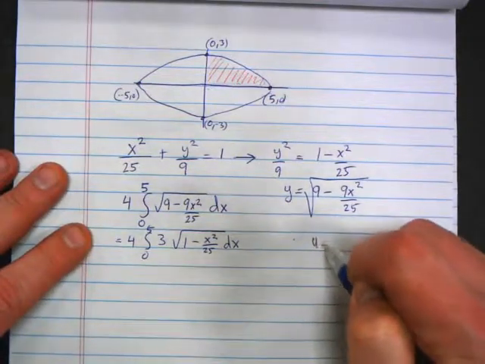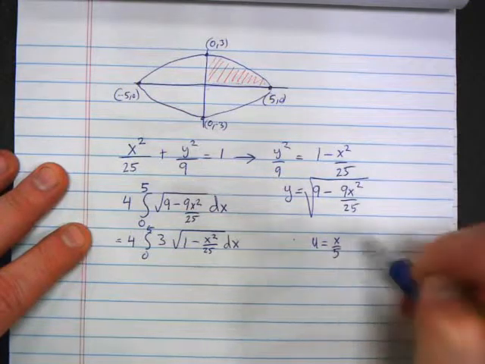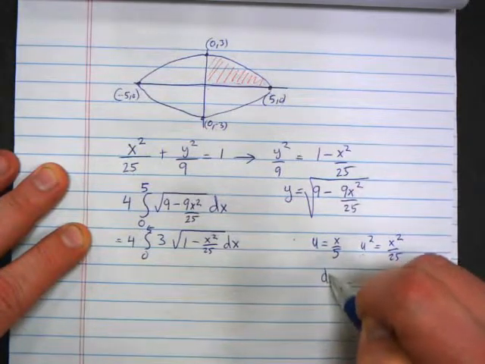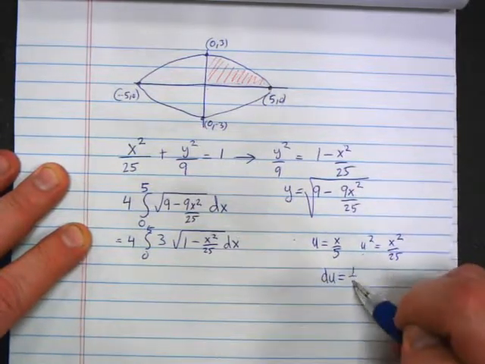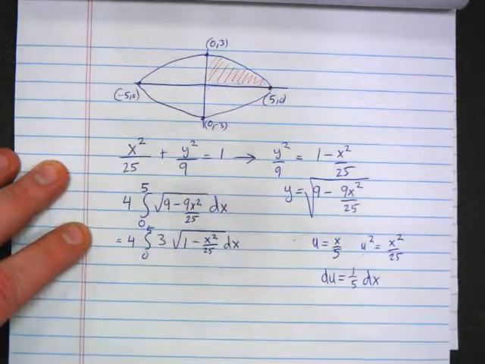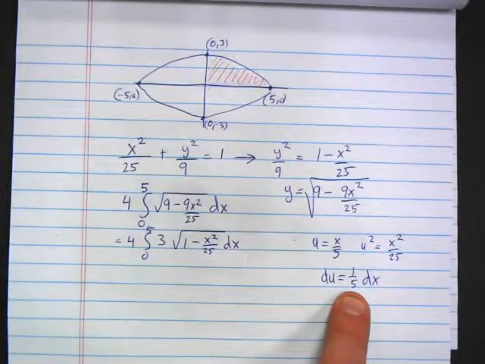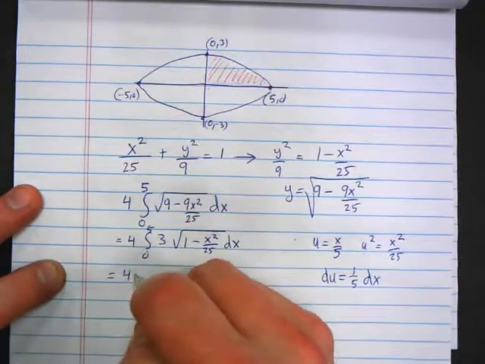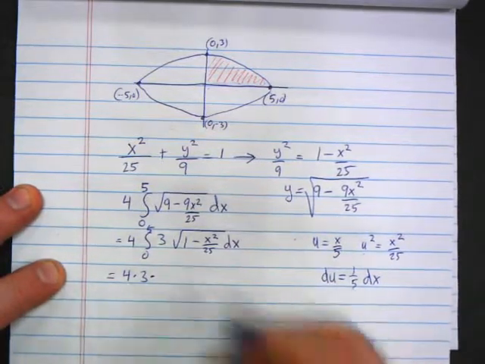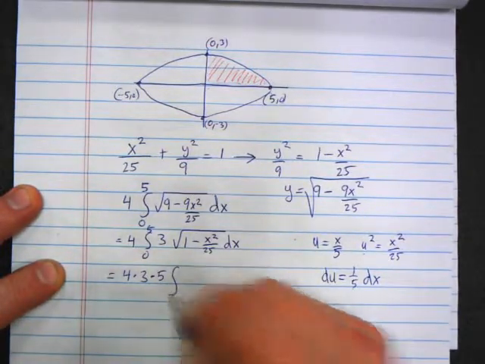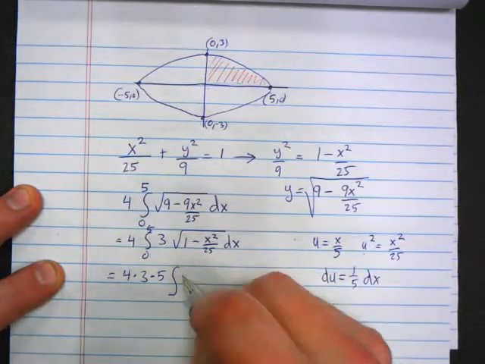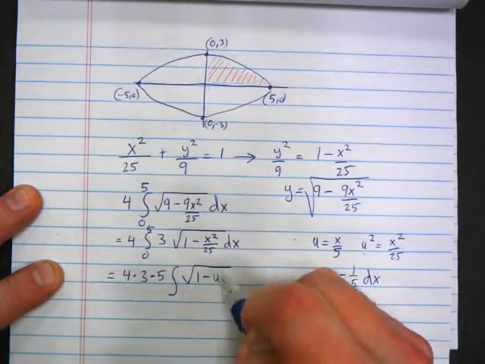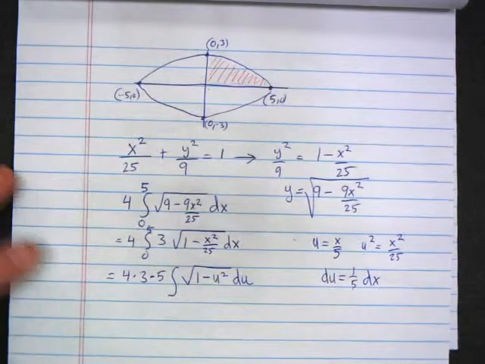He wants to let u be x over 5, which means u squared will be x squared over 25, and du will be 1/5 dx, which means we'll need to multiply by a 5. Okay, so this is going to be 4 times 3 times, I'm going to need a 5 from here, 5 times the integral, I'll come back and fix my numbers in a minute, of the square root of 1 minus u squared du.